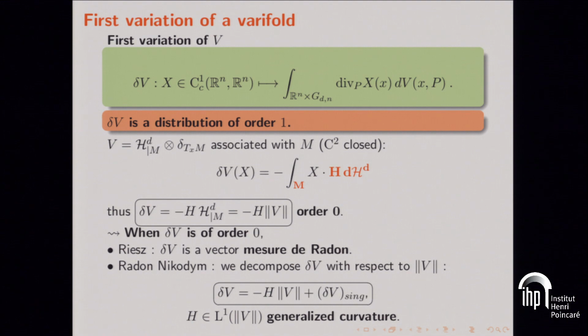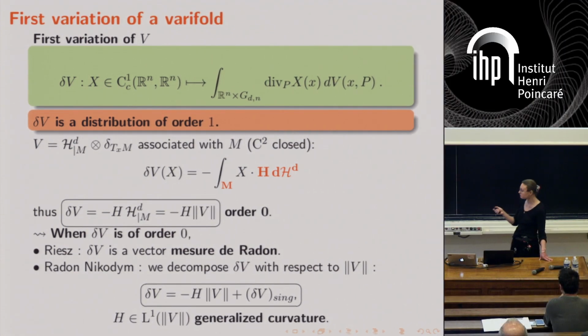Then what you will have is a derivative of your Dirac mass that will appear. And a derivative of a Dirac mass is never a Radon measure, okay? So your assumption to define generalized mean curvature will fail, for instance, for a point cloud. And for discrete objects, it won't fail, but it might not be that consistent.